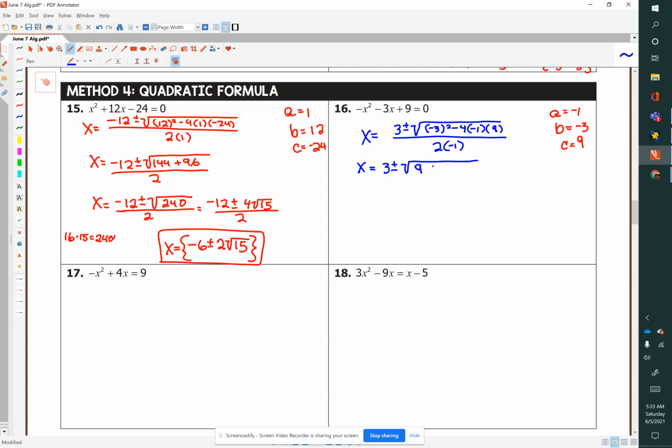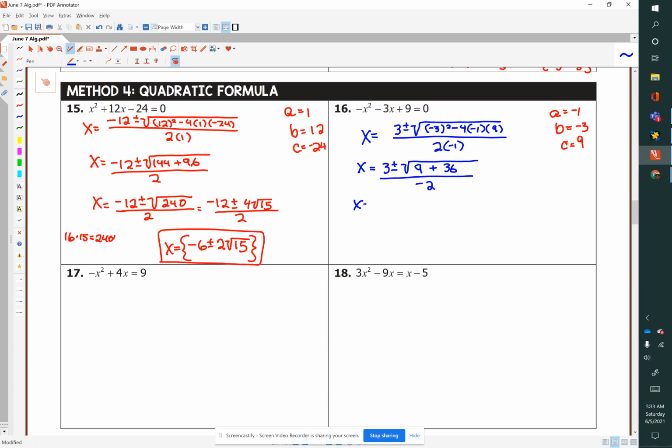We have 9 plus 36. And I hope you remember that when we have a negative in our numbers over here, if we have one negative, that means we'll end up with a plus sign in our radical. And all of that is over 2 times -1, which is -2.